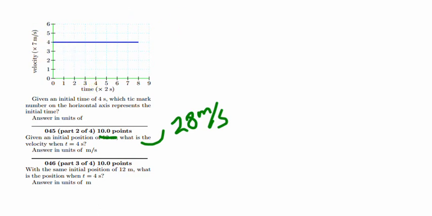So I have another video on how to find position from a velocity versus time graph, but right here, remember, this is our 4 second mark because each tick mark is 2 seconds. So we can come in here. Remember, the area underneath this curve is going to give us displacement. So you can think about it in your head. I mean, doing all these graphs is not super important. If you just say, hey, I'm going at 28 meters per second for 4 seconds, how far have I traveled?